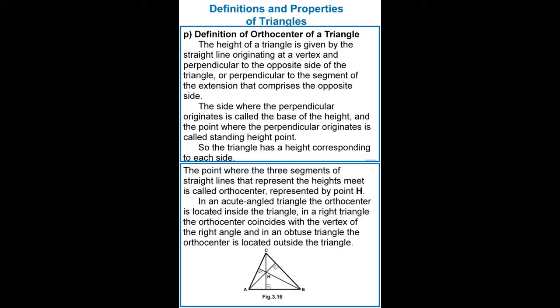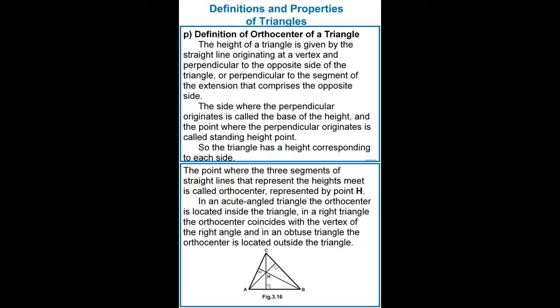Initially, it presents the definition of a height of a triangle, defined as the line that has its origin at the vertex and that is perpendicular to the opposite side of the triangle, or perpendicular to a segment of the extension of the straight line comprising the opposite side. The side where the perpendicular originates is called the base of the height, and the point where the perpendicular originates is called the foot of the height.